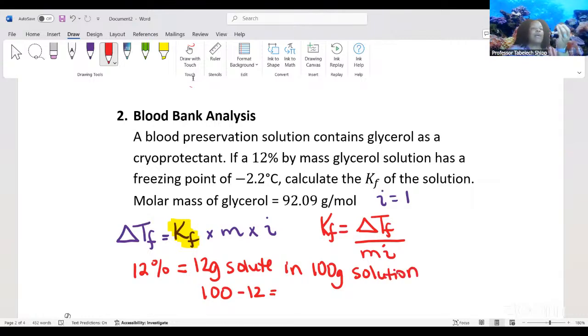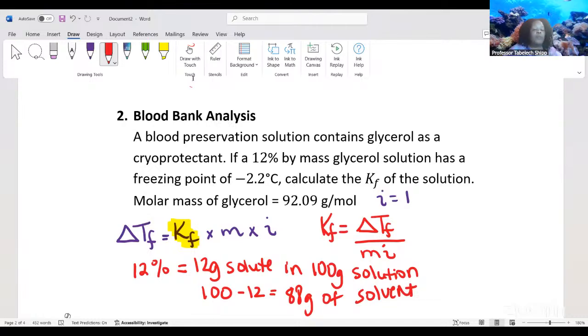So imagine me taking 12 grams of a solute and pouring it in a 100-gram solution. In order to know what the solvent is, you take 100 minus 12, which is 88. So 88 grams is the solvent.